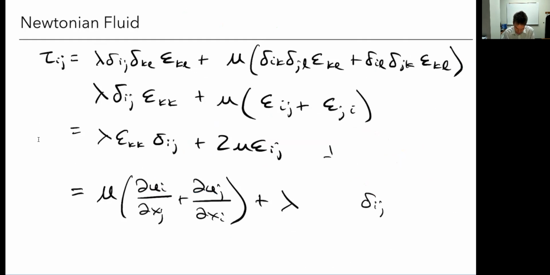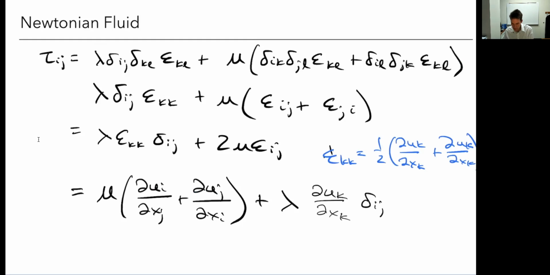So epsilon kk is going to be 1/2 duk dxk plus duk dxk. So those are the same thing. So I add them, and the 2 cancels with the 1/2. So I just could write that as duk dxk. That's the divergence, right? That's just a sum of my velocity components, right? So du dx plus dv dy plus dw dz, that's the divergence. Okay, so that's my expression.